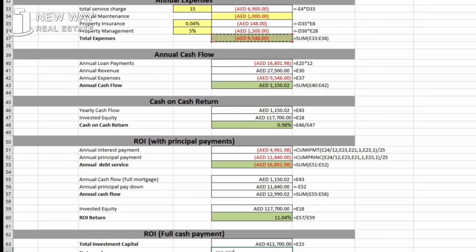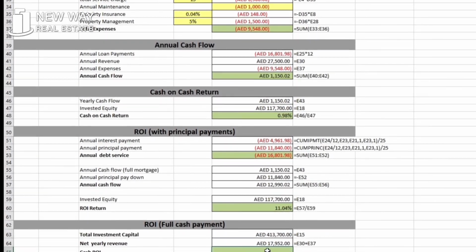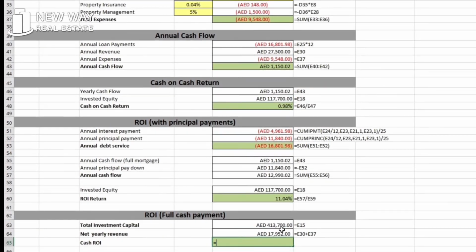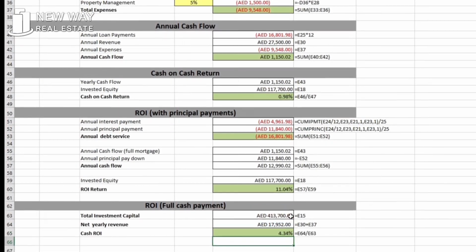But in this case, because it's negative, we're going to go for plus. We get this figure. The cash ROI will equal the net yearly revenue divided by the total investment capital.